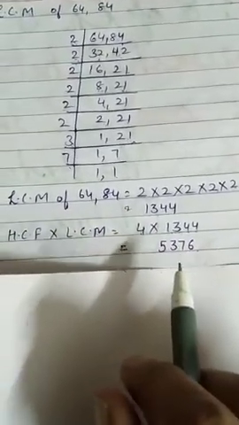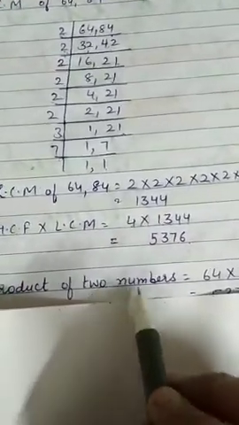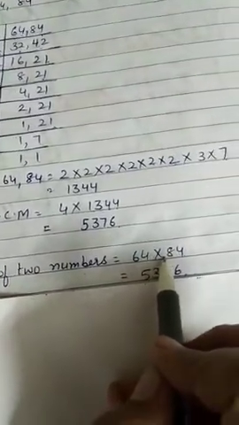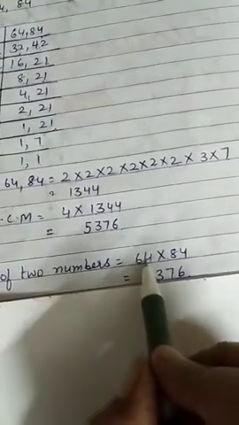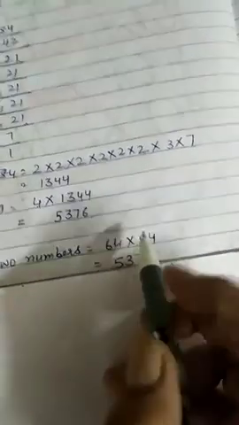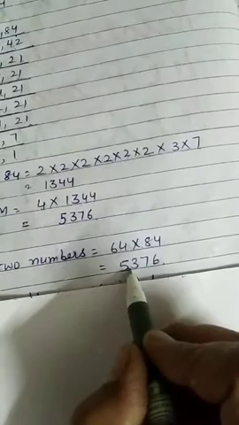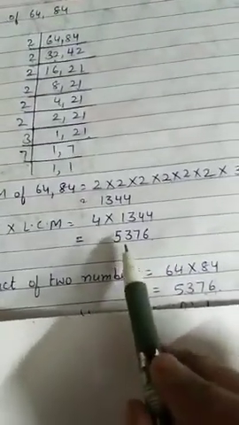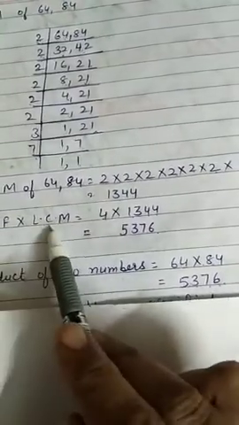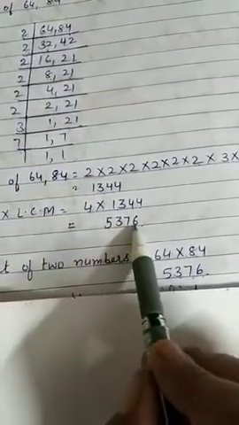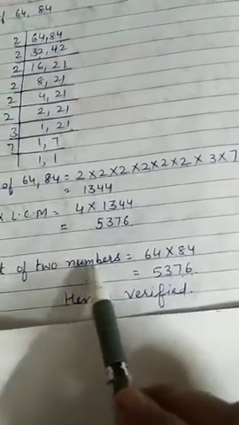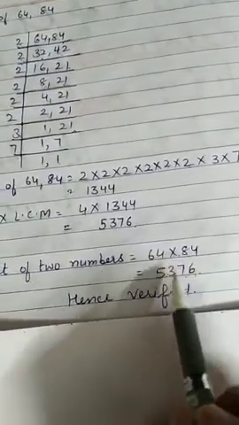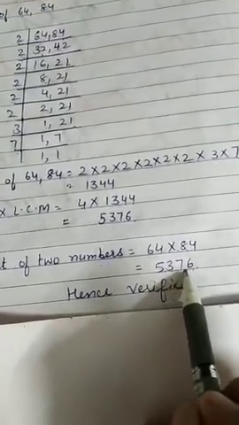And the product of the two numbers means we multiply 64 by 84. When 64 is multiplied with 84, again our answer is 5376. You can see that the HCF multiplied by LCM is equal to 5376, and when we multiply both numbers 64 and 84 which are given to you, our answer is 5376.